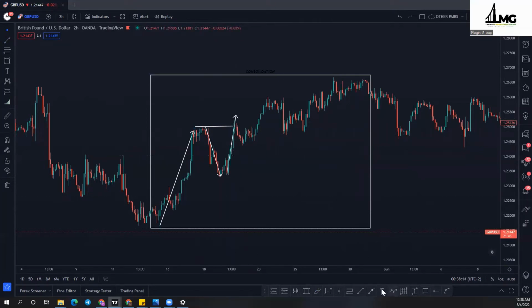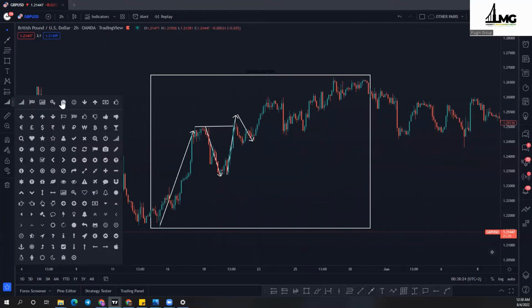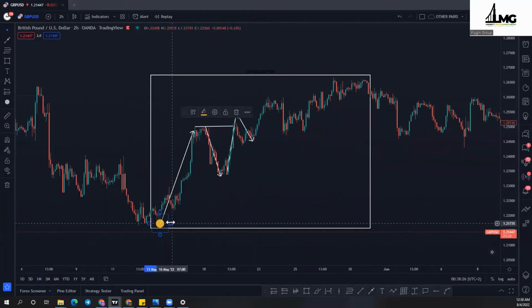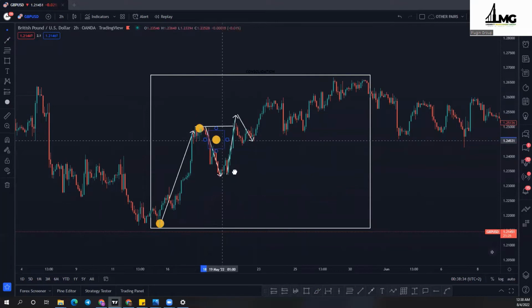So price breaks structure there, and then we have a push, a pullback to the downside. In this case, you see price forming highs and lows that are higher than the previous high, and lows that are higher than the previous lows.